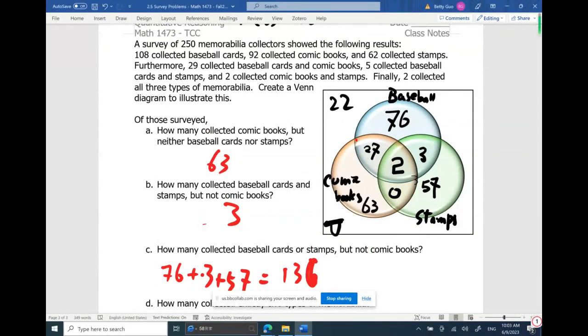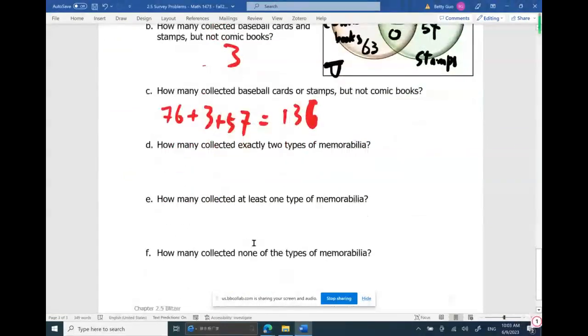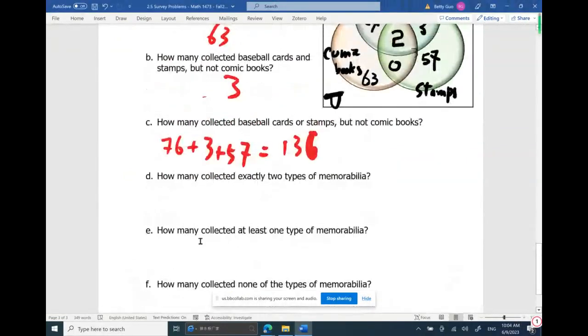Next part, part D, we have more parts here.